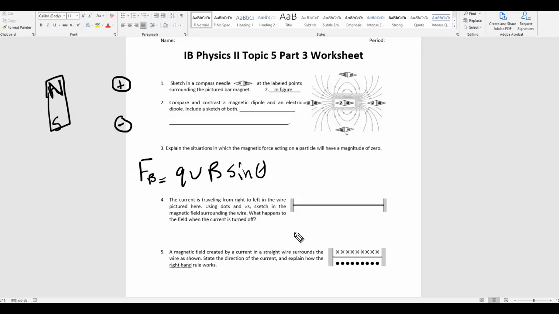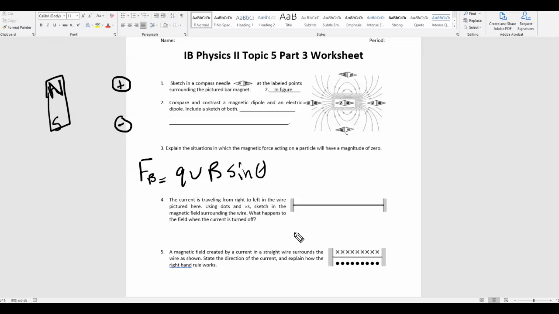I'm not going to list this out because I've already done this before, but I will just verbalize it. Obviously, in situations where you have a particle with no charge, or a particle that's not moving, that means the velocity is 0. If there is no magnetic field, there's obviously no magnetic force, so B is 0.